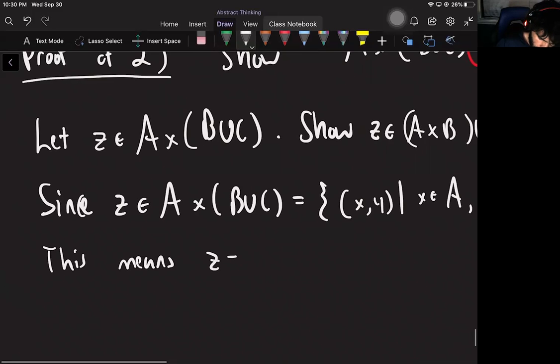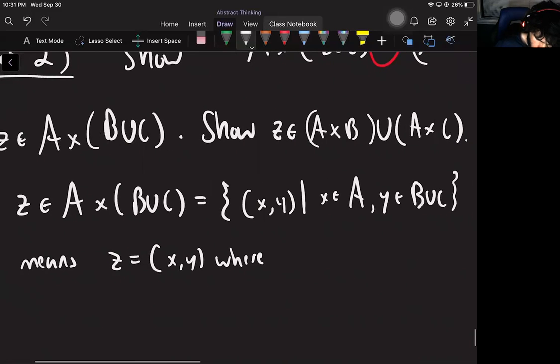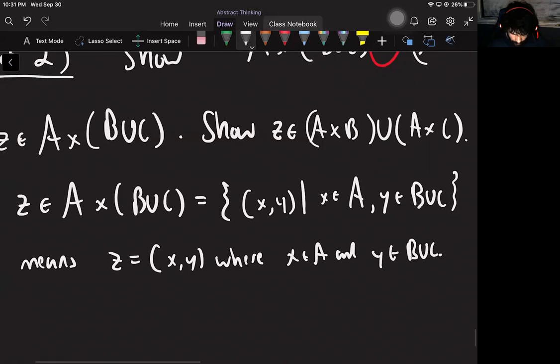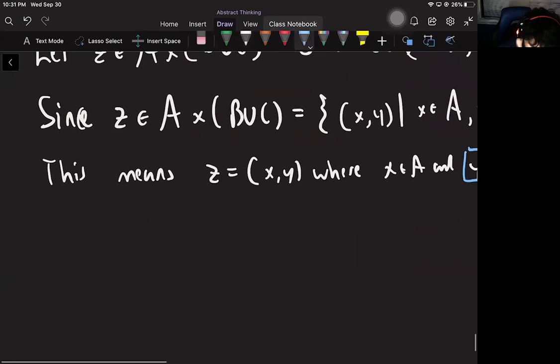So Z is one of those ordered pairs, where X is in A and Y is in this union. And now that's the straightforward part of the proof. The tricky part of the proof is realizing that this tells you that there's cases. So now what we can do is a proof by cases.